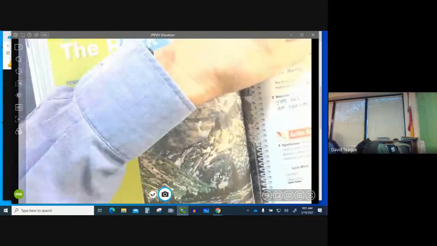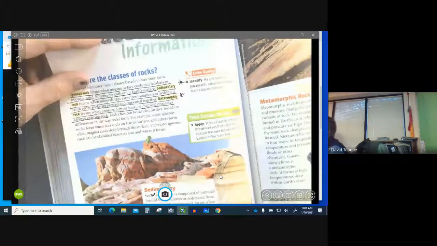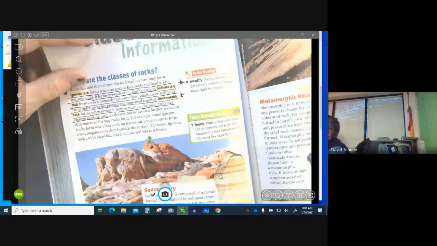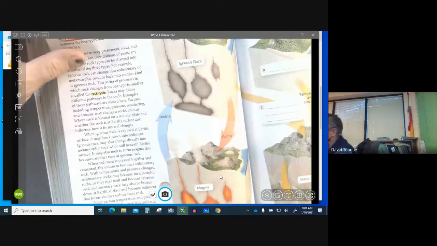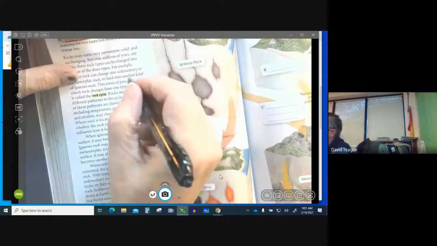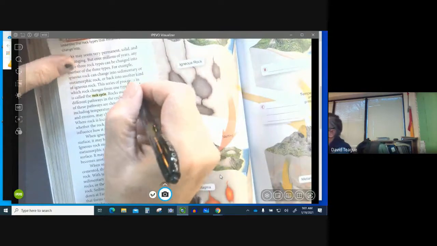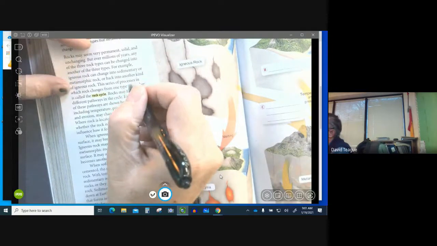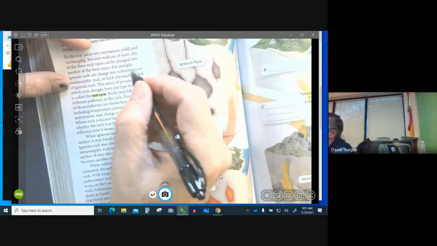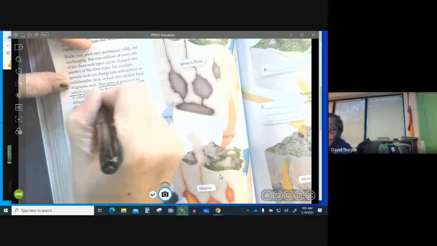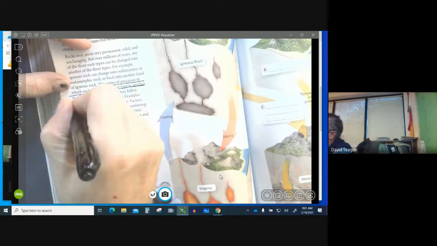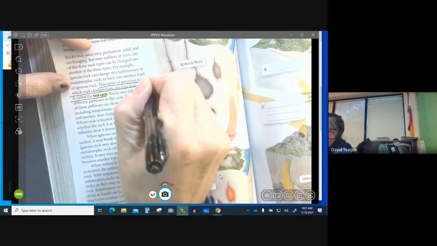So that's metamorphic. Now we have rock cycle. See if we can find that. Doesn't seem like it's on the next page. Rock cycle on page 372. This series of processes by which rock changes from one type to another is called the rock cycle. So let's underline that. Put a star by that.